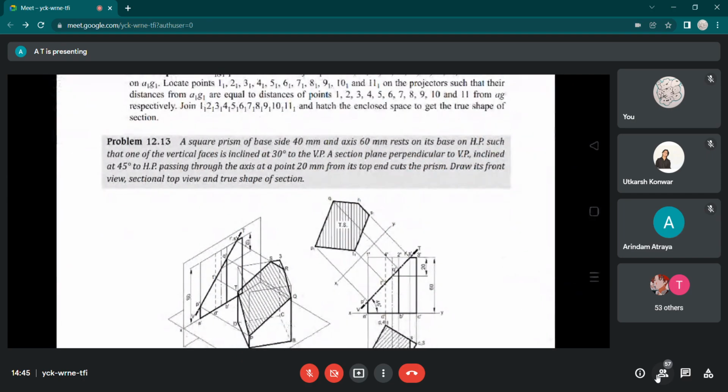Here it is given that a square prism of base 40 mm and axis 60 mm.